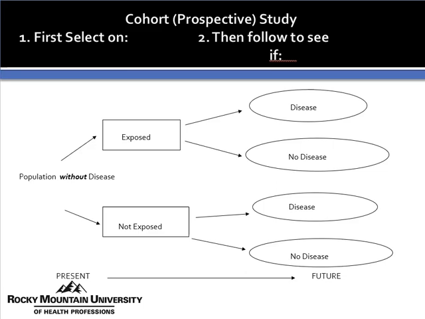And then we've got the not exposed group, or the group who we think is at a lesser risk of injury, also known as our reference group. Then we follow them forward into the future, and we look to see what are the proportions of disease or no disease, or injury or no injury, etc., in each group.